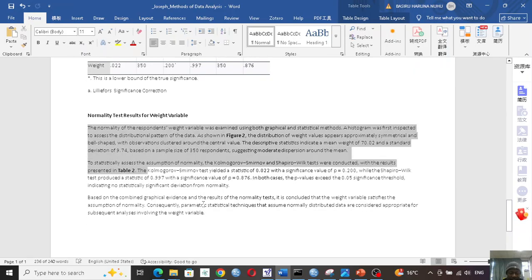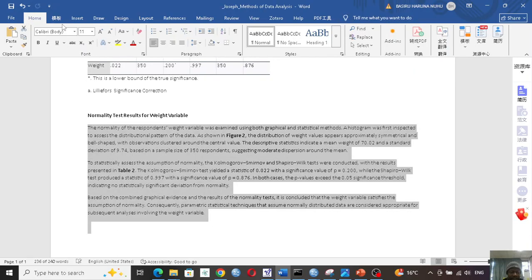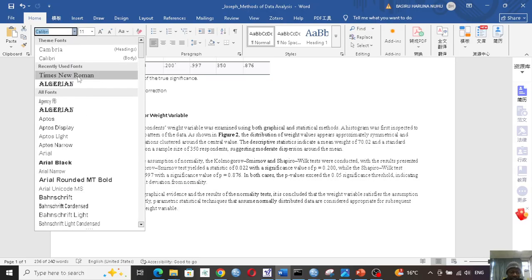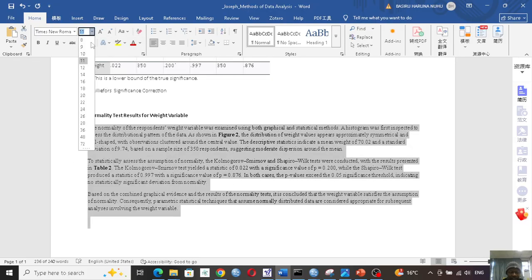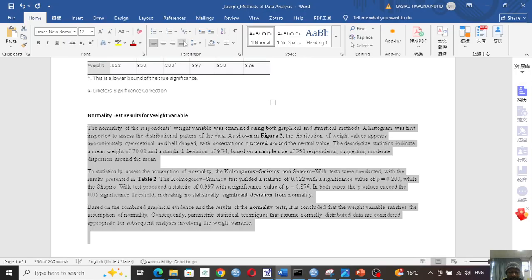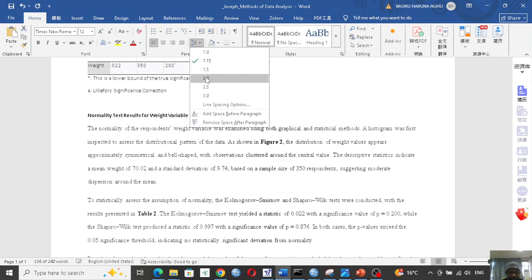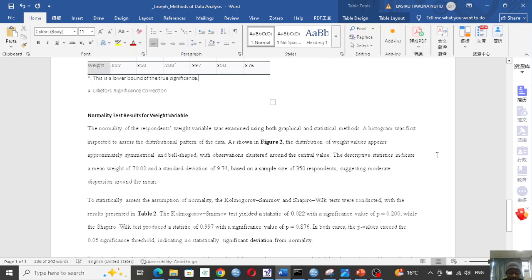Let me make the data clear. So the normality of respondents' weight variable was examined using both graphical and statistical methods.